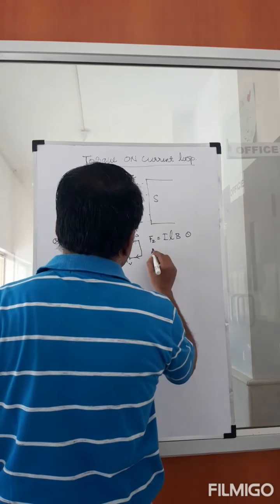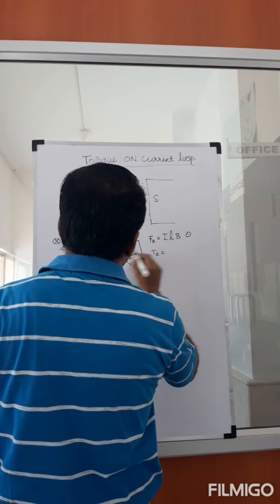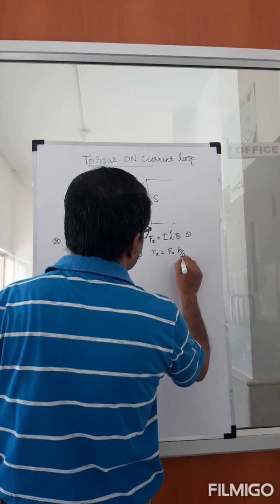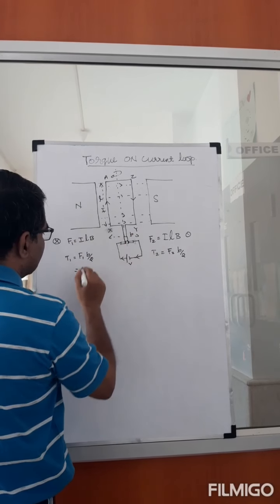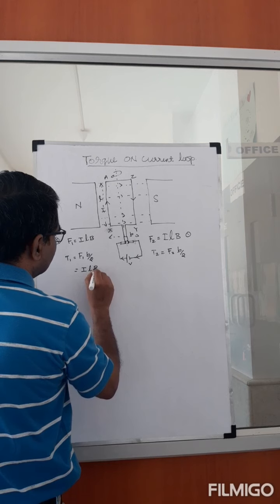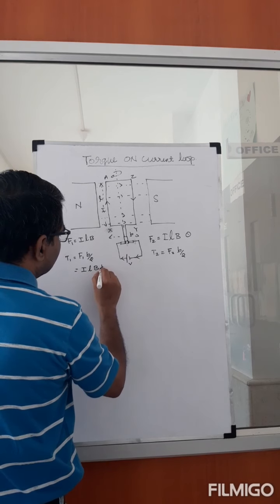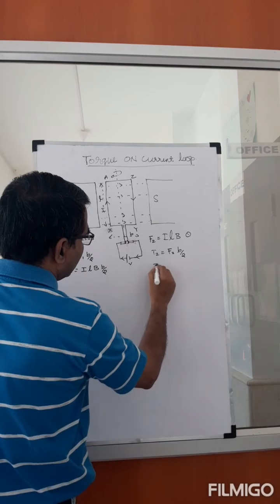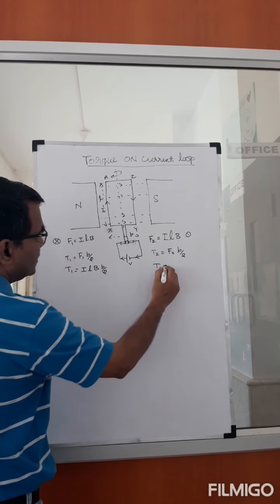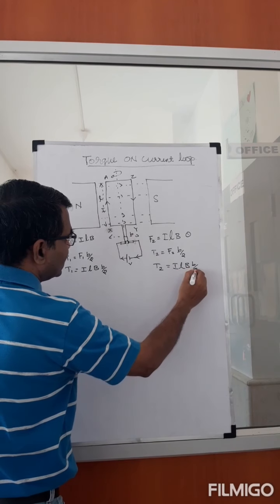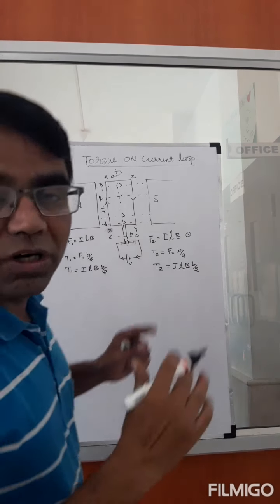And what about this torque? T2 is also equal to F2 into B by 2. If I plug in the right things, torque 1 is equal to ILB times B by 2, and torque 2 is equal to ILB times B by 2. Then what's the total torque?